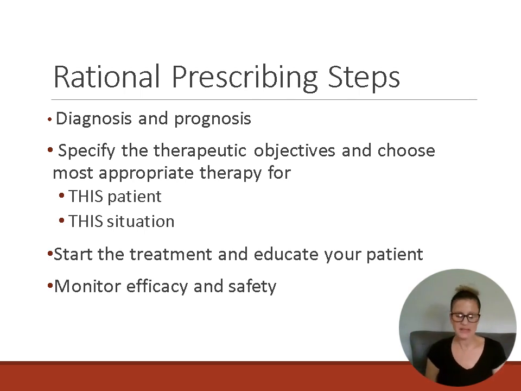Lisinopril 10 milligram tablets, one tablet by mouth daily is typically a great choice for high blood pressure. In the vast majority of patients, that would be a good first-line drug. But that does not mean that you'll prescribe it for every single patient every single time. Each patient, each situation is unique, and it comes with its own set of attributes.